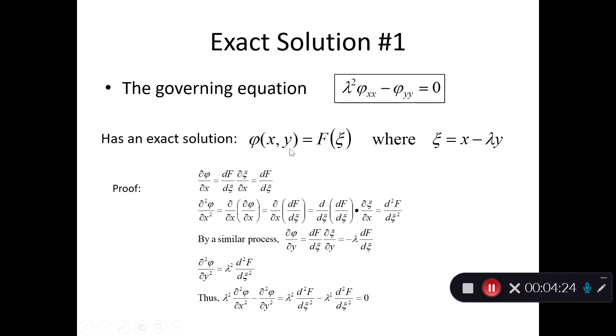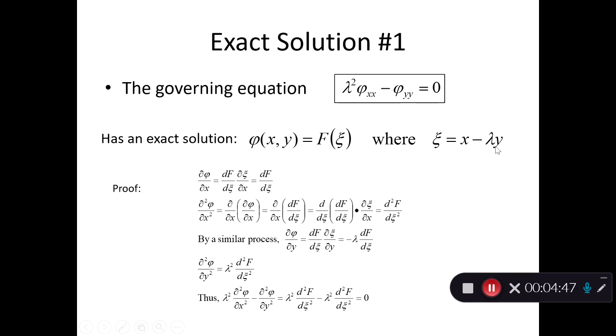Let's see how good this assumed solution works. So we have to take a second derivative of phi with respect to x. So let's take the first derivative. d phi dx: we are taking the x derivative of phi. We could think of it as a c derivative of f, which is an ordinary derivative, times the partial derivative of c with respect to x.